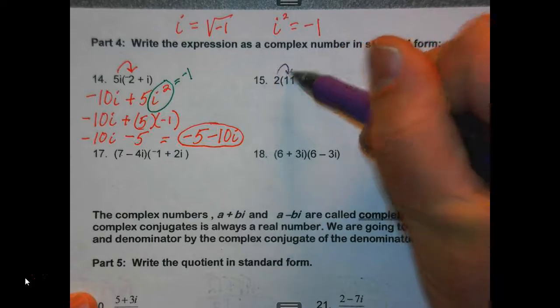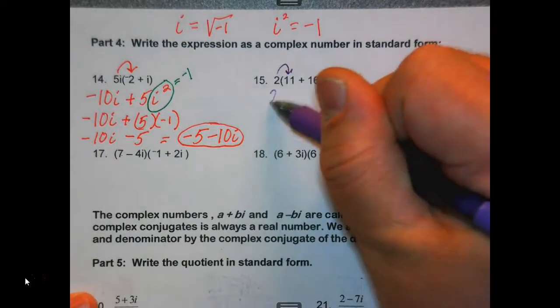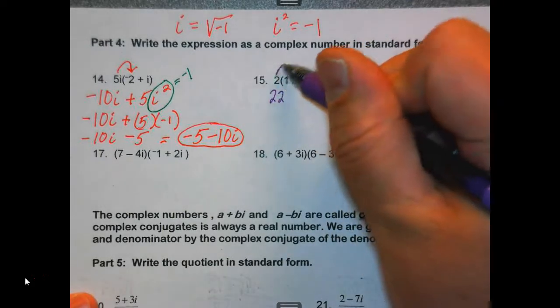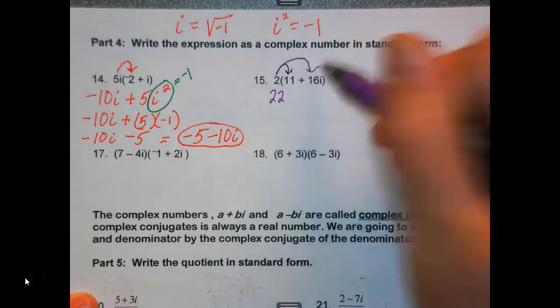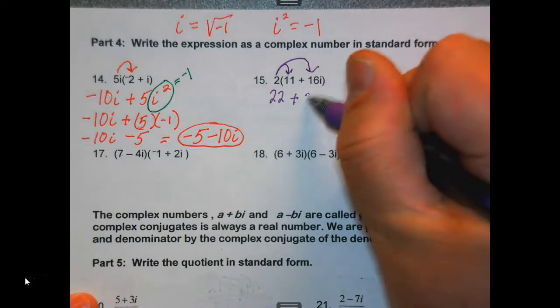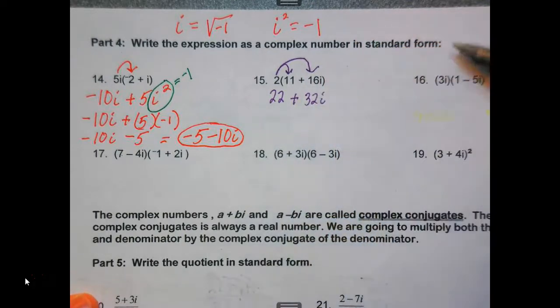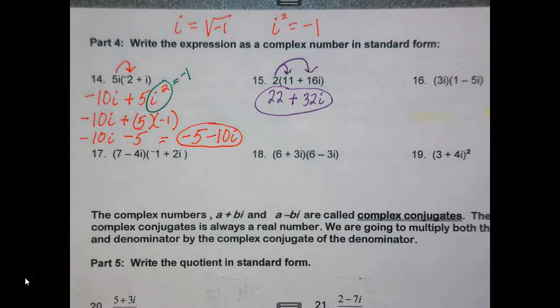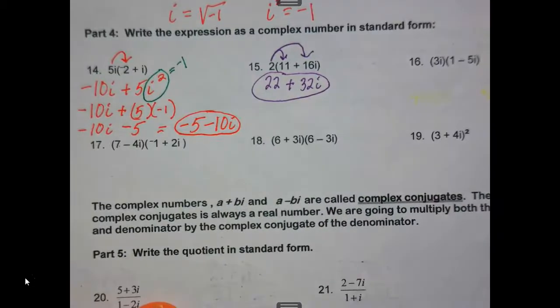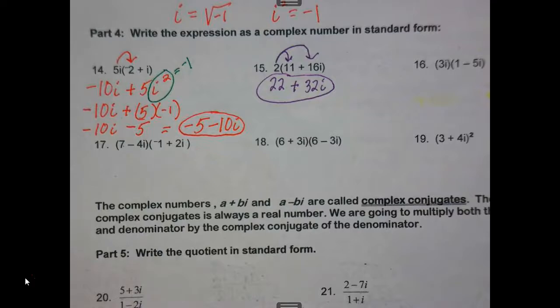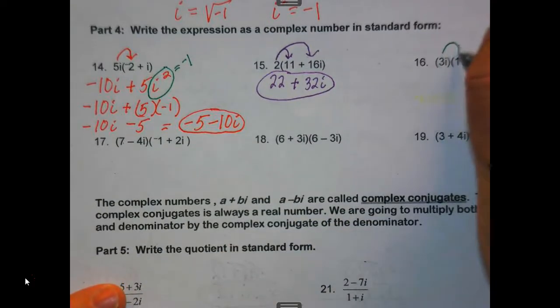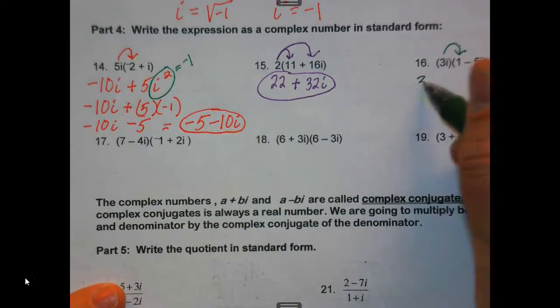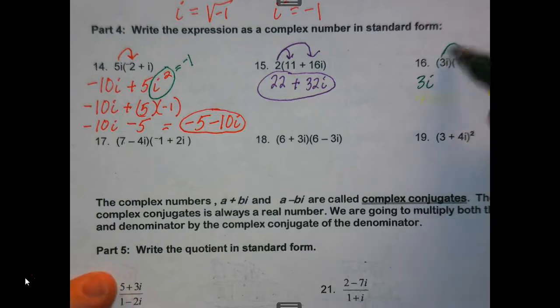15. 2 times 22. 2 times 11 is 22. 2 times 16i. Wow, this is easy. Okay, 3i times 1. 3i minus 15i squared.